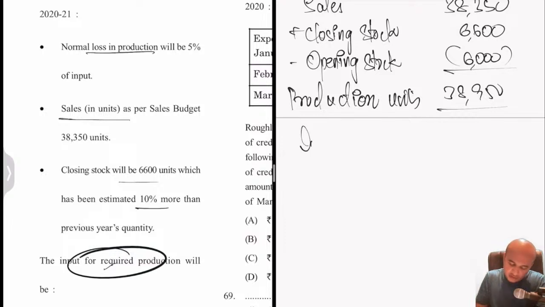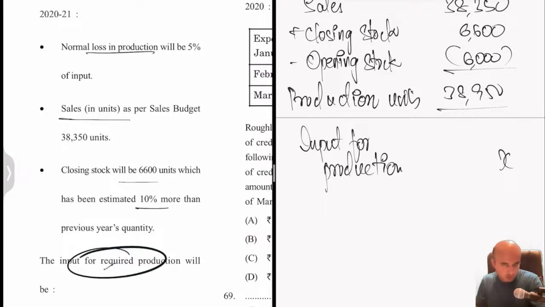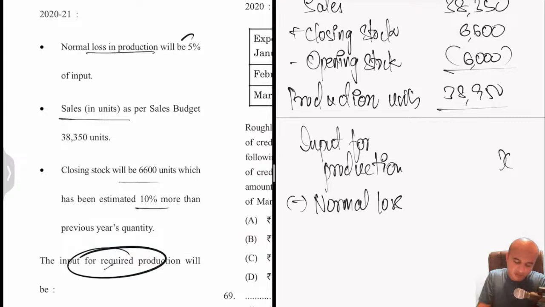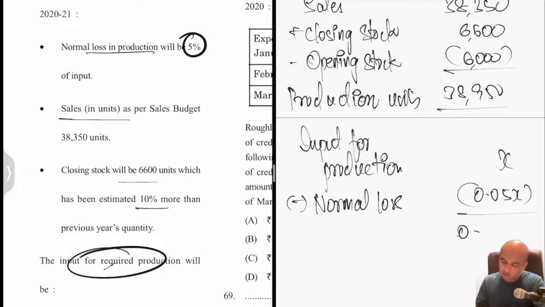Input for production, let's assume it's X because we do not know how much it is, minus normal loss. This we know how much? 5% of X, 0.05 X. When you do that, how much is this? 0.95 X. So this will be the production unit.